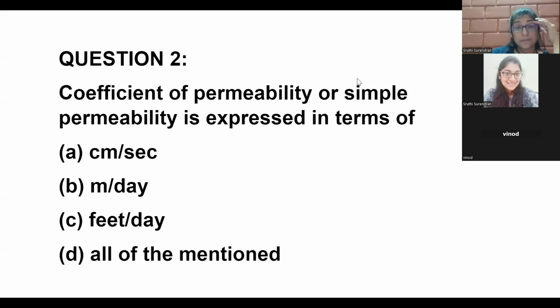What is the unit of coefficient of permeability, or you can also call it permeability? The other word for it is hydraulic conductivity. So what is the unit for this quantity out of these four options? Put in your answers in the chat box, and then I'll discuss the solution.